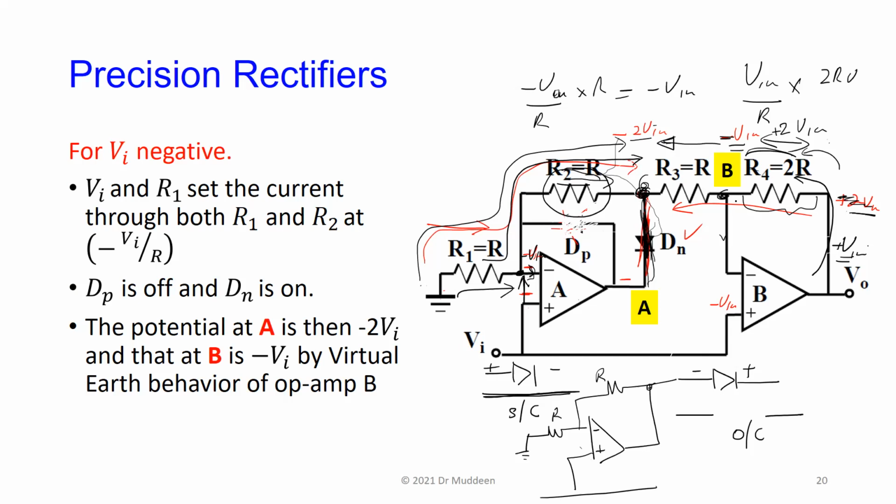The op amp itself is not taking any current coming in here. So in order for the current to continue to flow, the voltage drops across this chain. Remember, we're putting minus V in here.